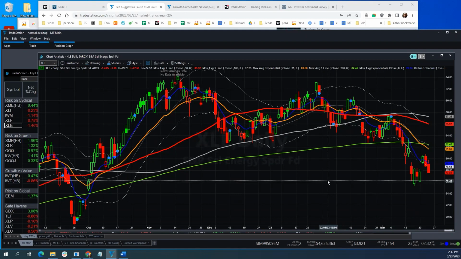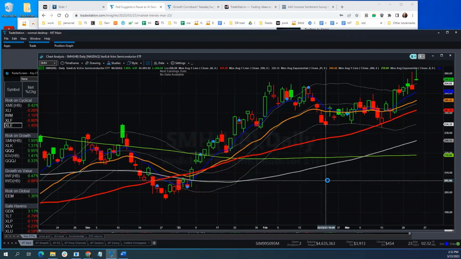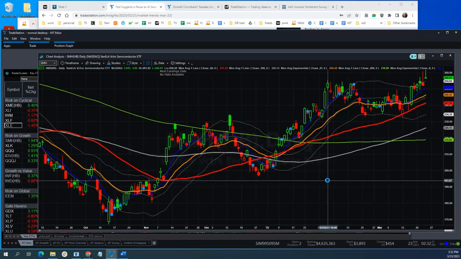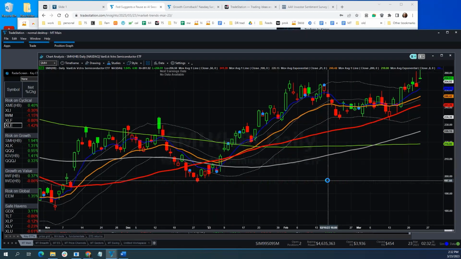But it's interesting to see everything cyclical here, like energy, small caps, and financials, all getting hit. And to me, we have to be careful with the semiconductors here. I'm really not sure if the semiconductors can continue this move if we continue to see this anti-cyclical move in the market. So this is an interesting mix after yesterday's chopping.